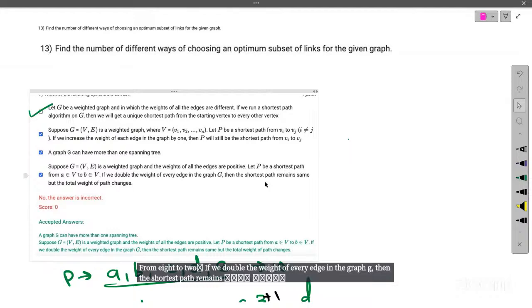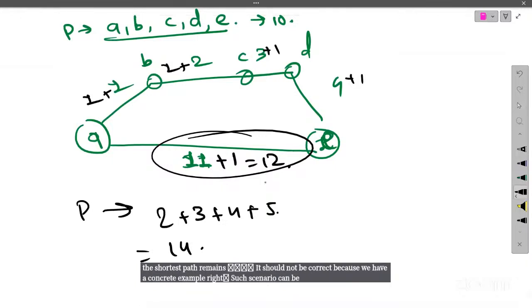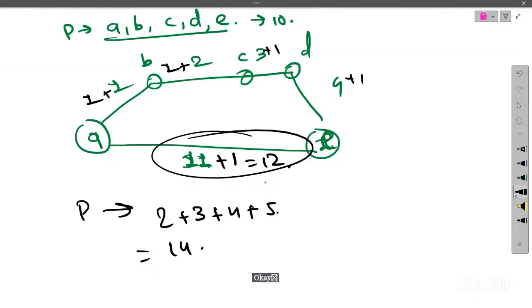This should not be correct because we have a concrete example, right? Such a scenario can happen. This graph can happen. Yes, ma'am.